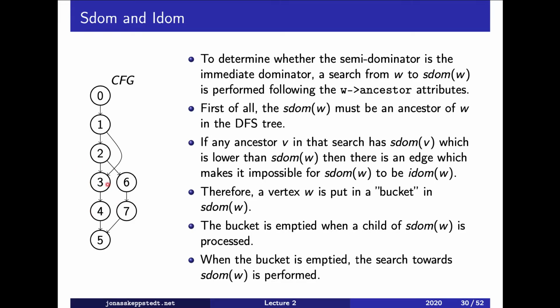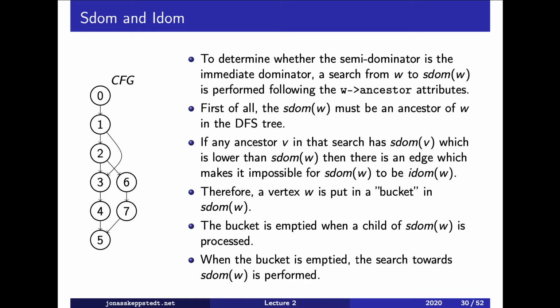When we have processed, for instance, 3, at that point 5 is in this bucket. We process each node in the bucket, and actually it will be only 5. When we process it, we search upwards to the semi-dominator, and we follow the parent attribute from the depth-first search tree.